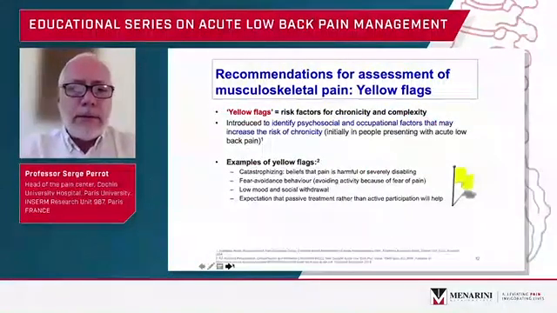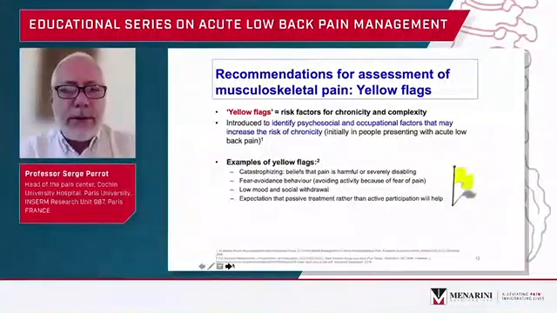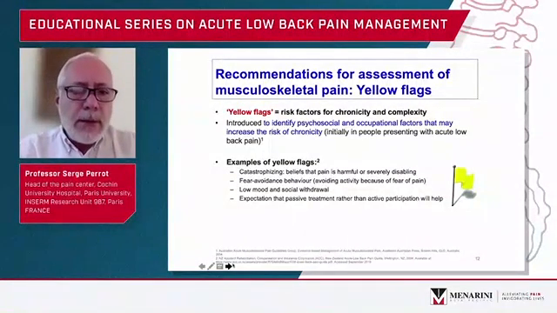And now, when there is a risk of chronicity, when there is a tendency to go to subacute back pain, we should now look at what we call the yellow flags.